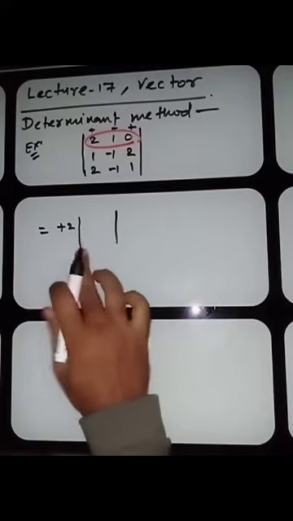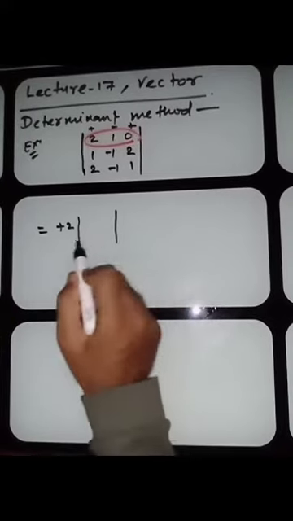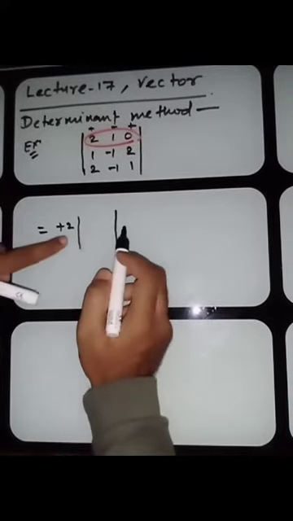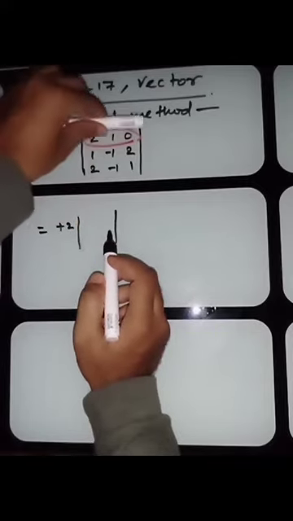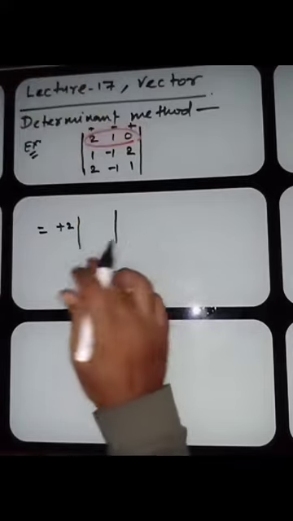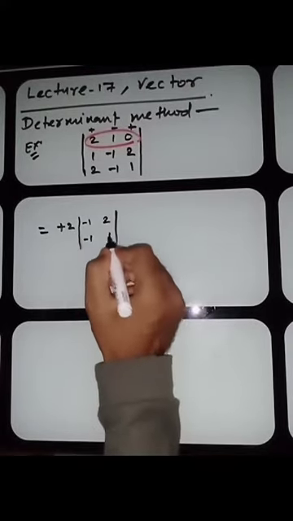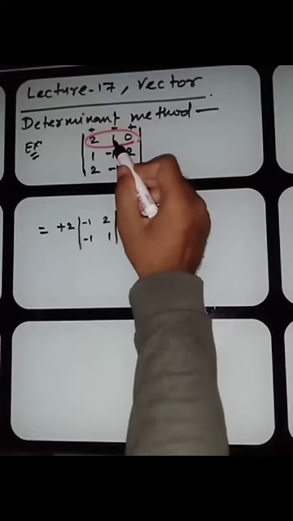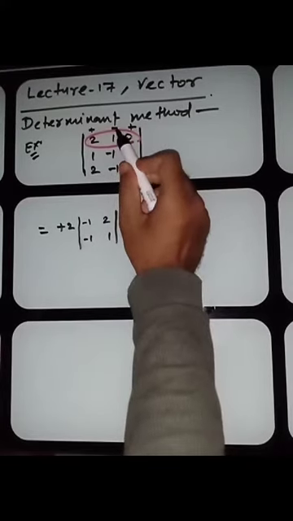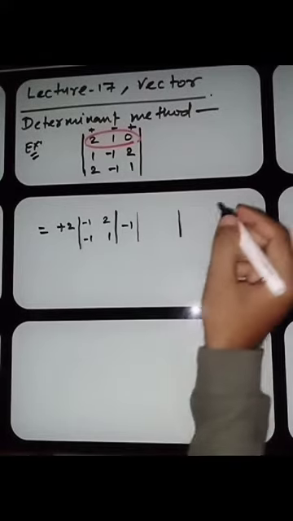After a number of practices, you can solve faster without using this step. Okay, so plus 2: this vertical column and this row will be eliminated, leaving minus 1, 2, minus 1, and 1. Now minus 1: you can see here it was 1, but we have given the nature minus 1. In mathematics you will study in detail why we provide this nature.